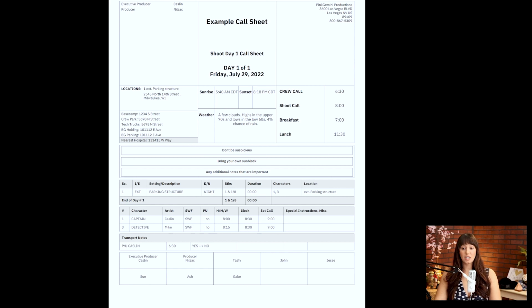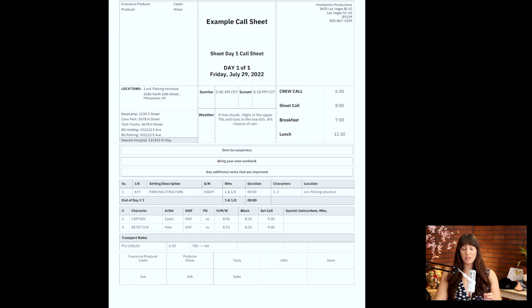Pay attention, because this is where you are. If you are the captain, which I decided was going to be me, I'm the lead. See, character 1, captain, that's going to be me, is the artist or the actor. And now we have SWF. What in the world is that? Well, it doesn't mean Sunday, Wednesday, Friday. What it actually means is start, work, finish.